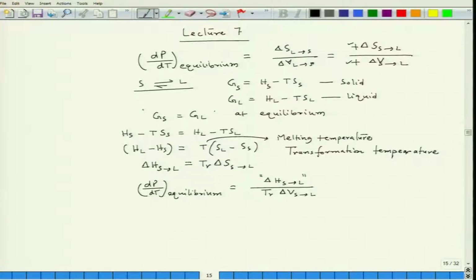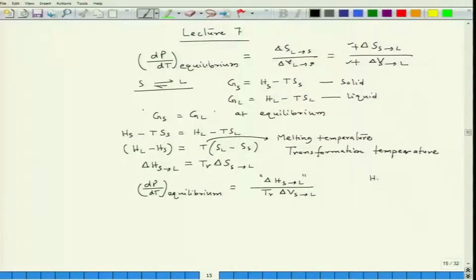Since Cp of liquid is higher than Cp of solid, liquid would have higher enthalpy than solid.